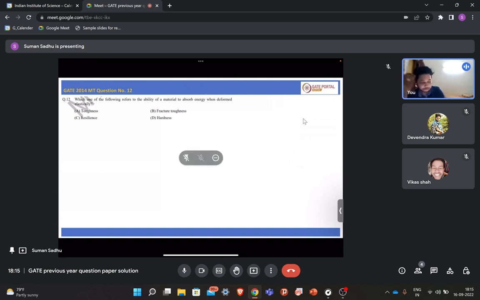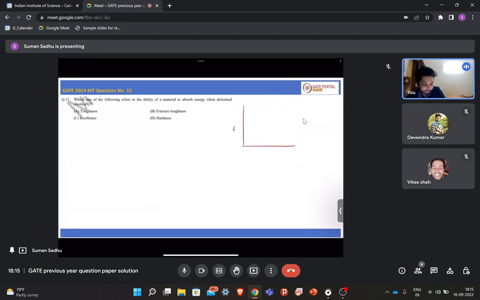If I draw the stress strain curve, this is sigma, this is epsilon. Initially materials deform elastically, and after that they start to deform plastically, right? If it is a ductile material, then the stress strain curve looks like this.